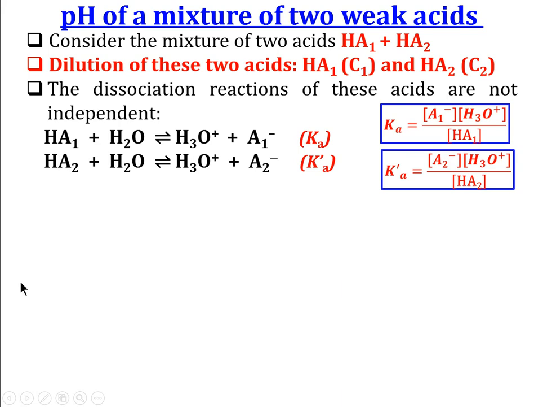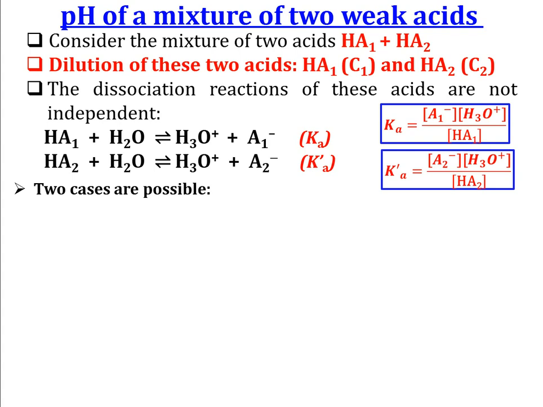So how to calculate the H3O+ total in the solution? We return to our study in the introduction, and we saw that when we have two reactions in the same reaction system, we have to study their sequence.